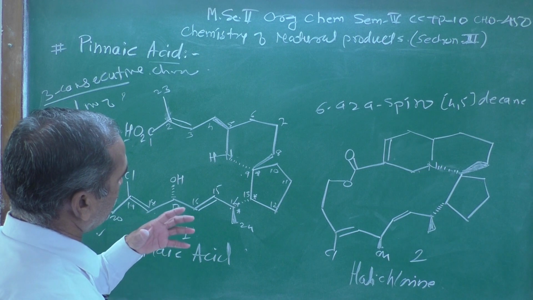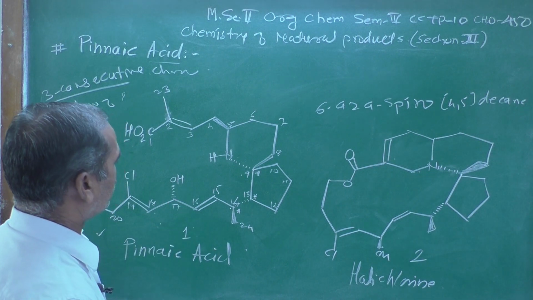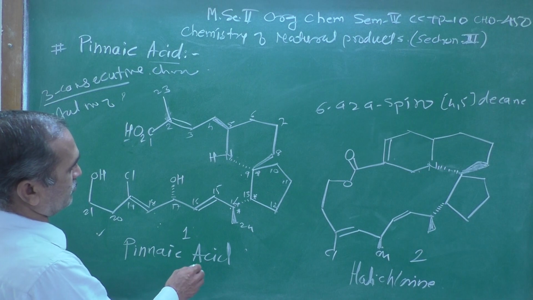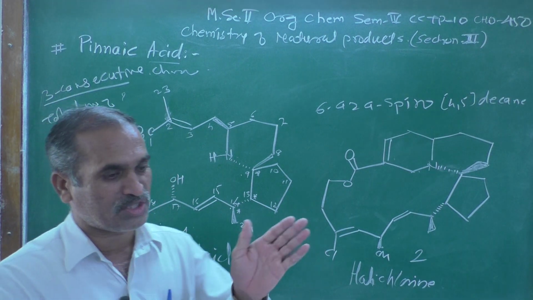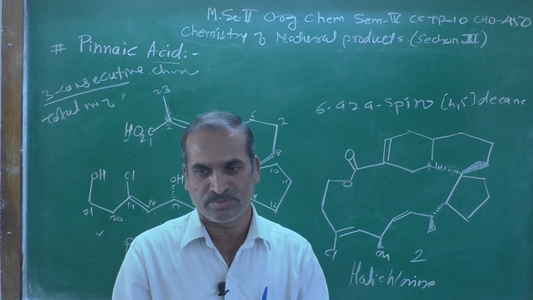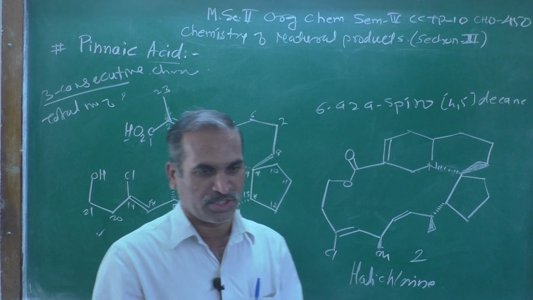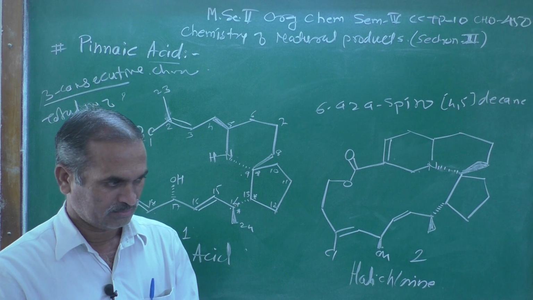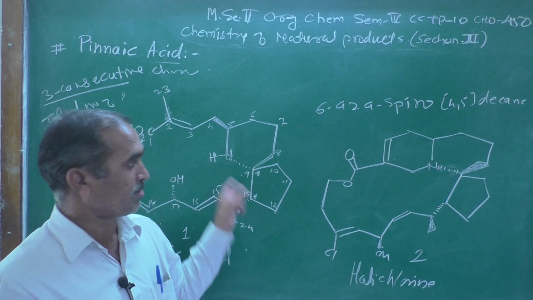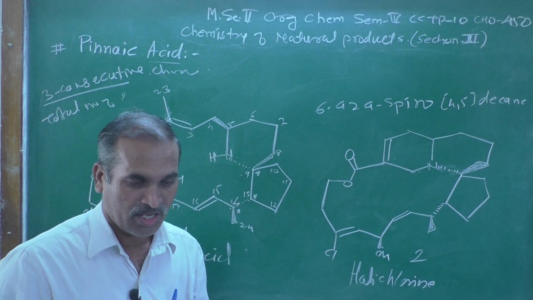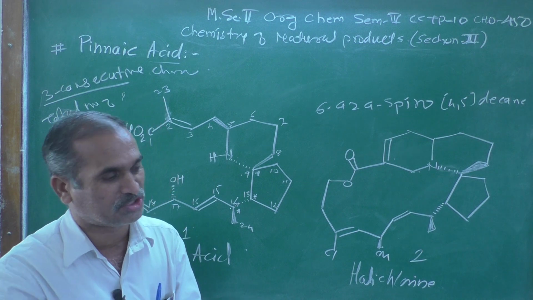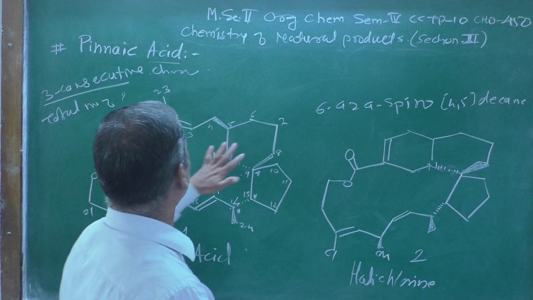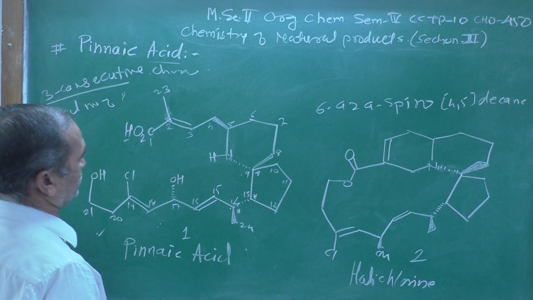They show optical activity. Now, except these 3 consecutive stereocenters, how many other chiral centers are present over here, and what is the total number of chiral centers present in phenolic acids?